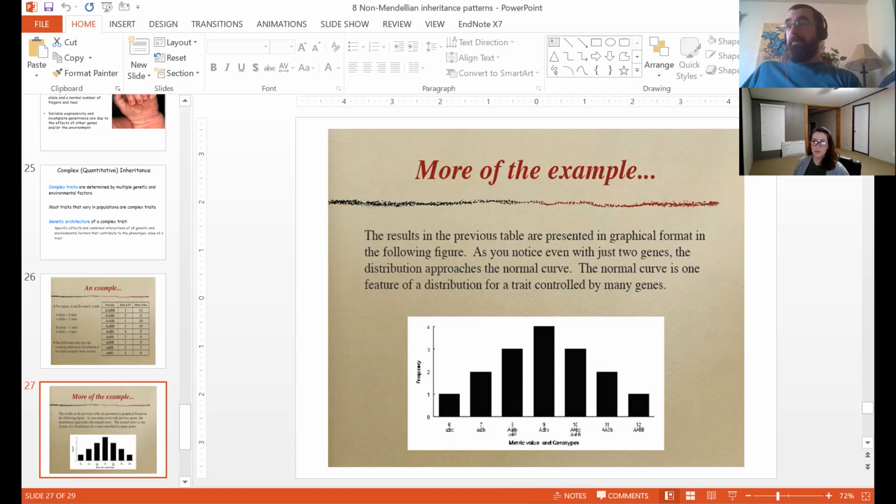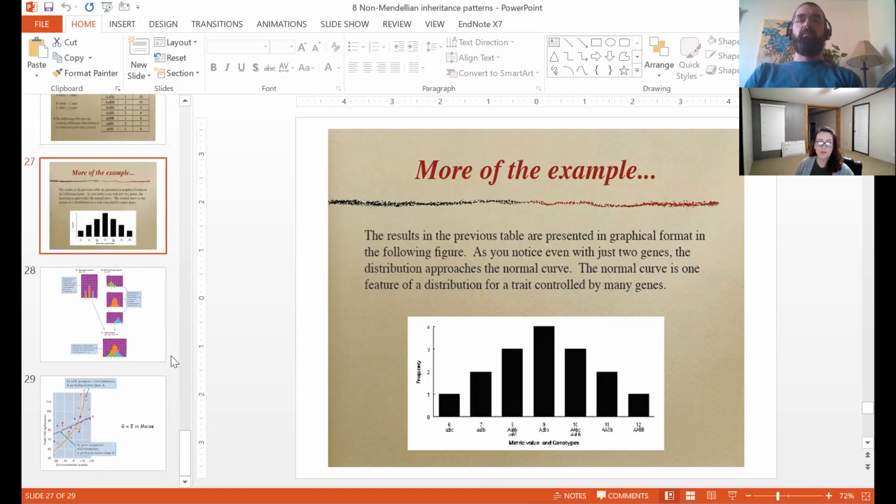So it's a lot of hand waving, and it's very hard to scientifically tease out why you present a particular phenotype or expression of that phenotype. I'm not really going to talk about these examples.